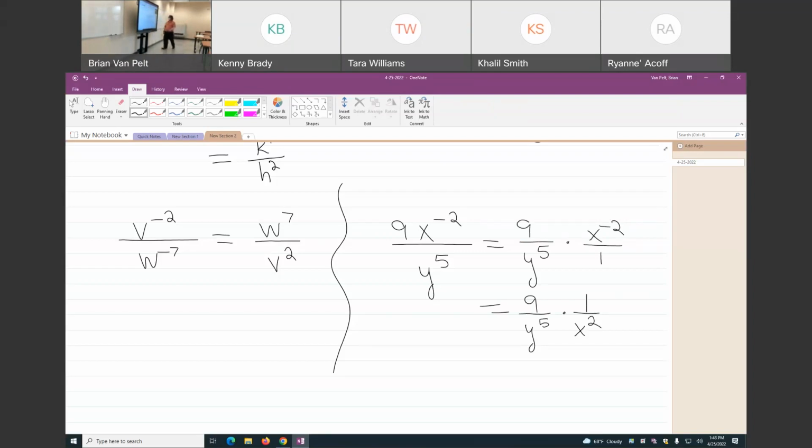Now I'm multiplying together. 9, so the 9 is still on top. I'll put it in alphabetical order. Let me re-put the original problem up here. See if you can visualize what actually was the one thing that happened here.